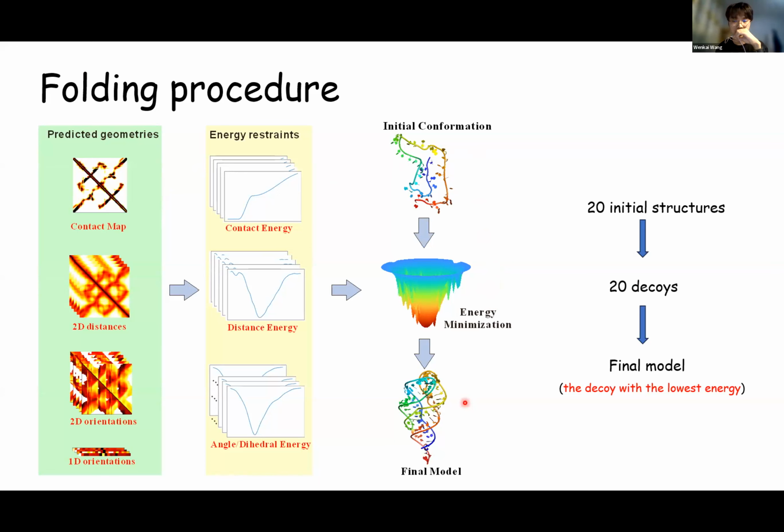This results in a 4-atom decoy. To improve the stability, we generate 20 initial structures for each target, yielding 20 decoys. The decoy with the lowest energy is chosen as the final prediction.